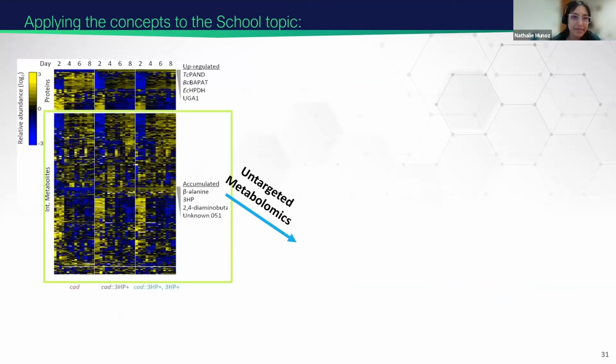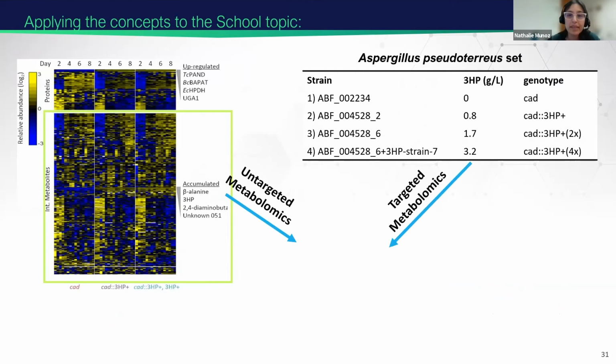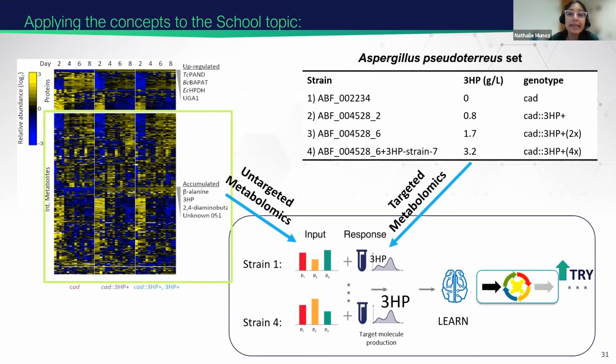So, applying the concepts to the school topic. The results from untargeted metabolomics approaches, shown here, and the results from targeted measurements like the 3-HP production in these strains can give us a clear picture of what is happening inside and outside of the cells.